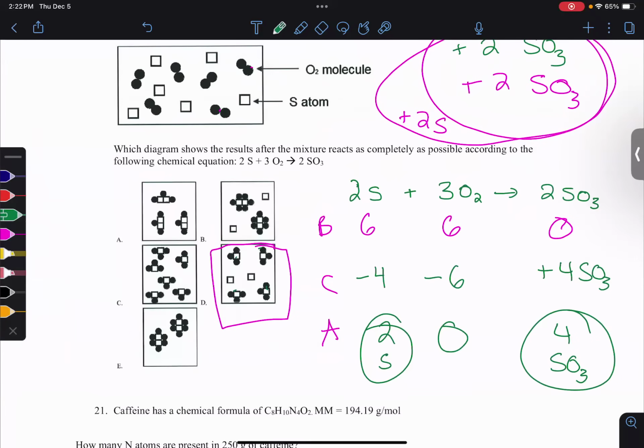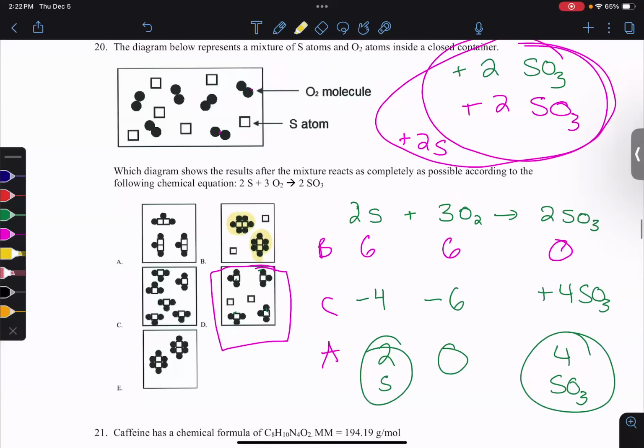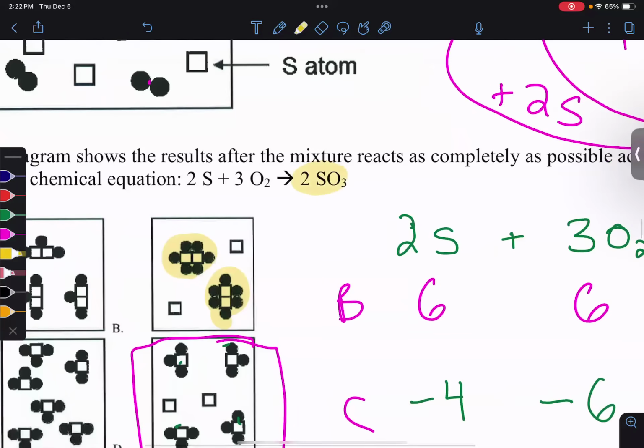Common misconception is this one, right here. We look at the reaction, we go, oh yeah, we can do this reaction twice. If we do this reaction twice, I gain, I do this 2 times. But notice that this molecule, what does this molecule depict?